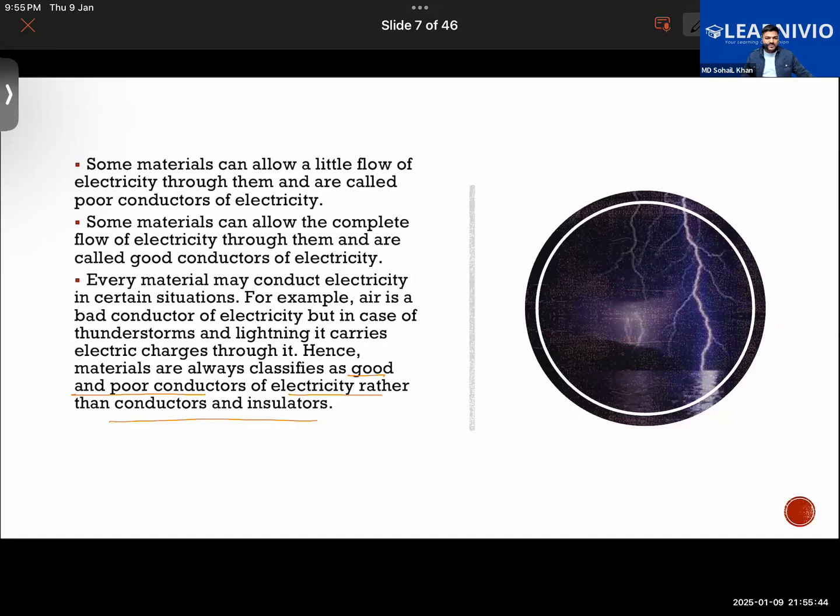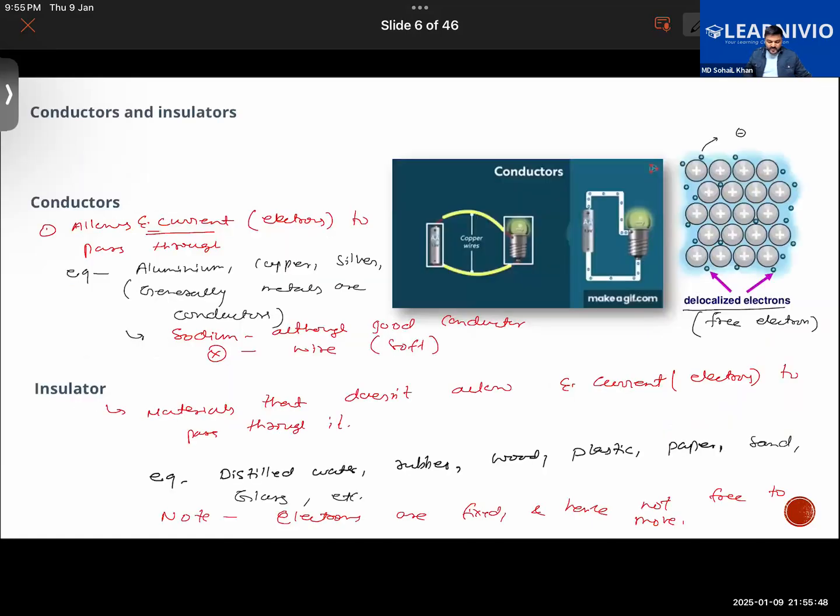For instance, let us say you have wet wood. The wood that is wet has some water in it. Since it has some water in it, it will allow the flow of electricity through it. But will you call it a good conductor?